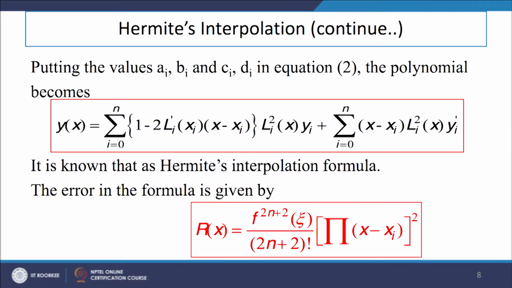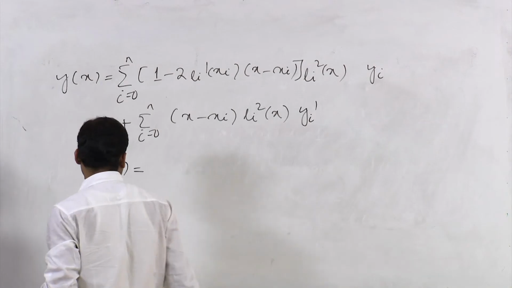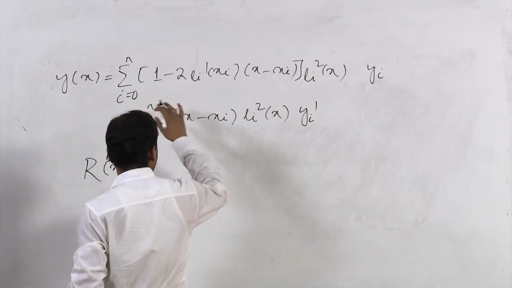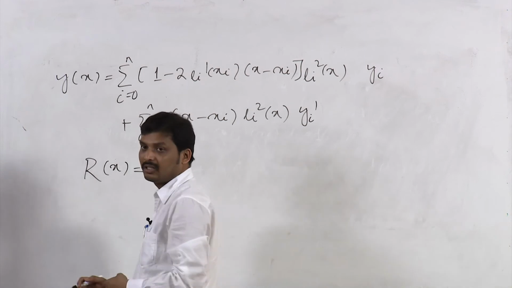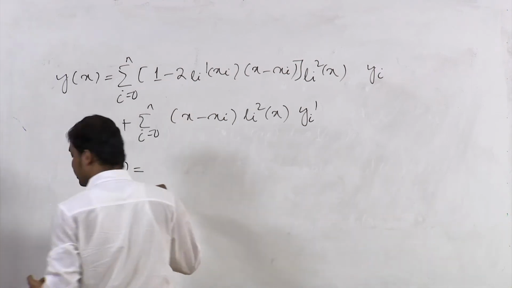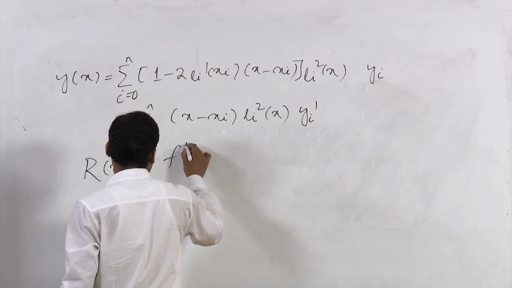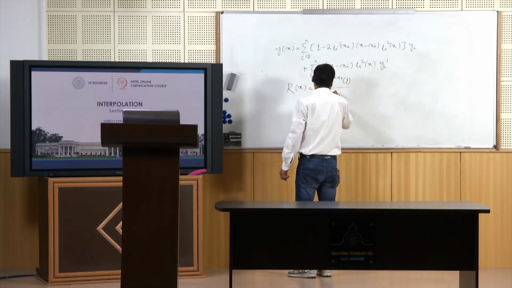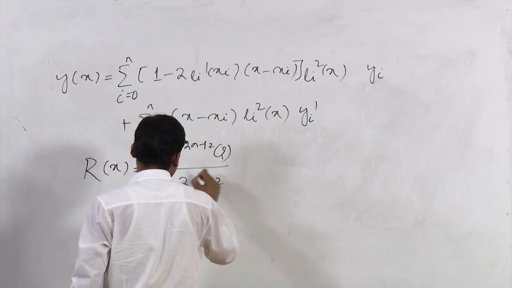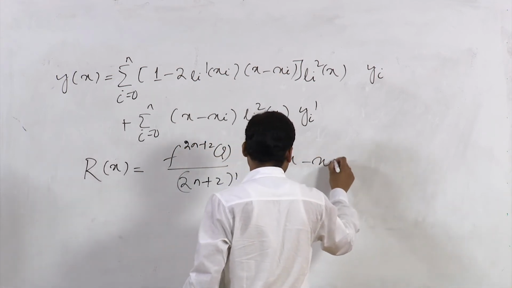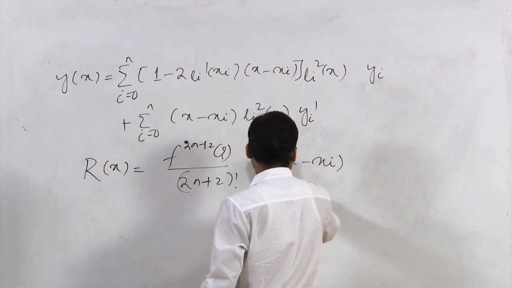If we want to find the error term, it can be written in the order of 2n plus 1, since the polynomial involved is of degree 2n plus 1. The error term will be represented as f to the power 2n plus 2 of zeta by 2n plus 2 factorial into product of x minus xi square.